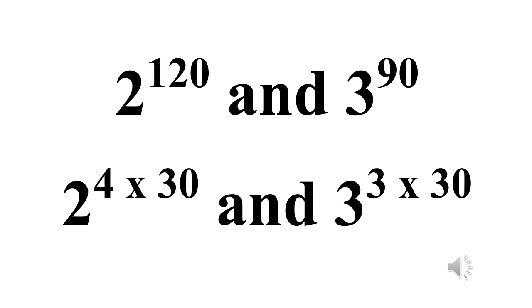We are going to firstly simplify the powers. So we'll simplify 120 to 4 times 30, and we'll simplify 90 to 3 times 30. So we have 2 raised to power 4 times 30 and 3 raised to power 3 times 30.